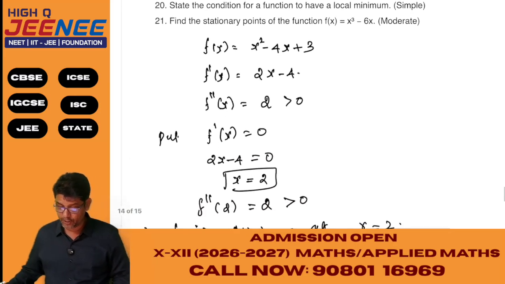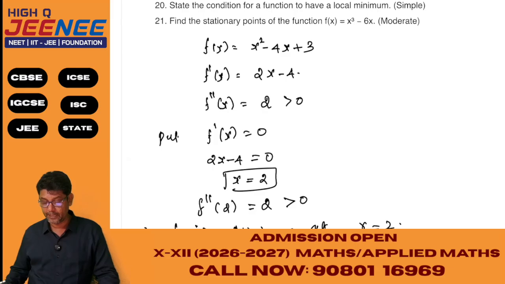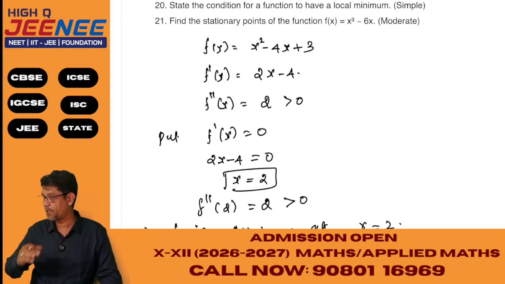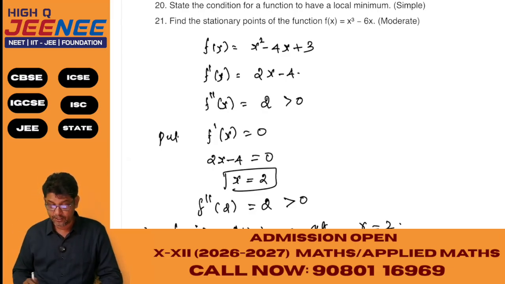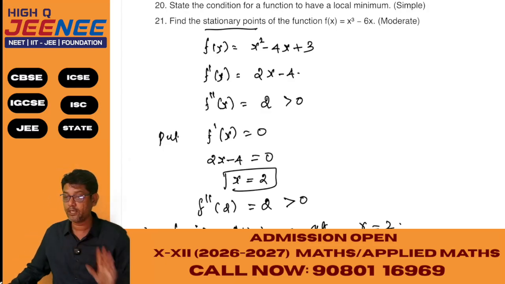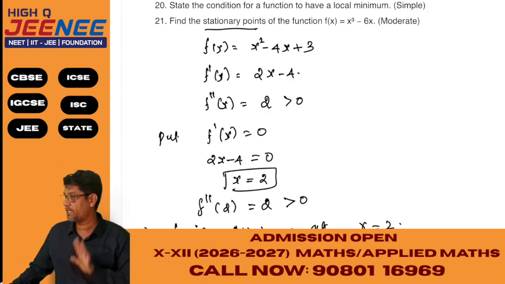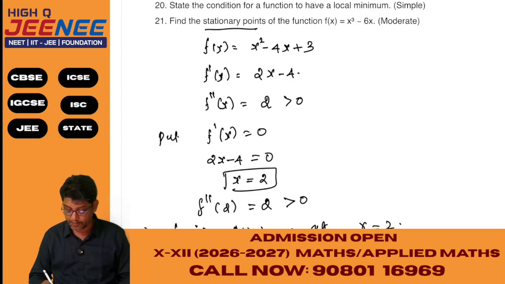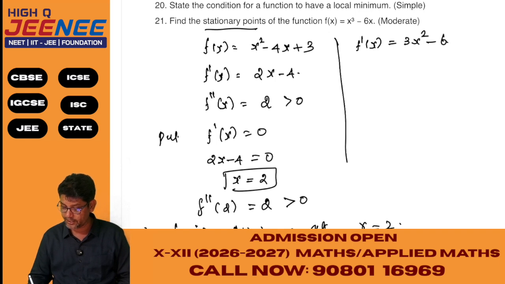State the condition for a function to have a local minimum. So the conditions, that theory part, what I said, you can write. Next, find the stationary points. What are stationary points? Critical points only; we call them stationary points. Can you find the stationary points on your own? F dash of x is equal to 3x square minus 6. Take 3 outside: x square minus 2.